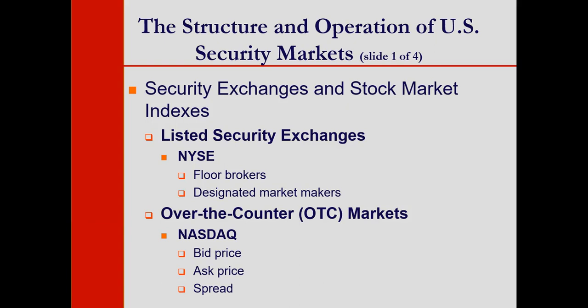So the firms have to list their securities with some stock exchange. Whatever stock exchange those securities are listed on, they are traded on that stock exchange only. Okay, so the stock exchanges have their own criteria for listing.